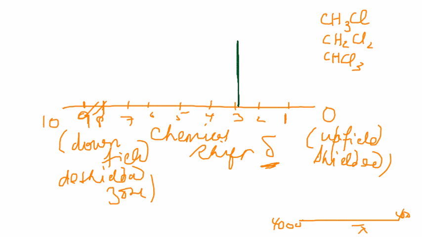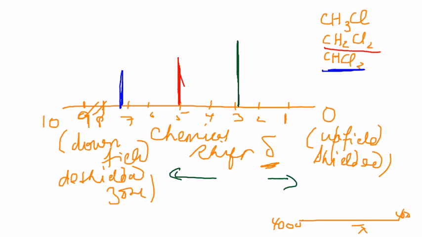Where would you predict the peak to be? More on the left side or more on the right hand side? So you should be thinking right now that, well, chlorine is electronegative, and an electronegative group is going to pull electrons towards itself, so these protons are going to be pretty naked, pretty nascent. They're going to be seen easily by the external magnetic field, and so your CH2Cl2 should be a little bit more de-shielded in that zone. And likewise, for the same reason, if you consider CHCl3, that should go further on.